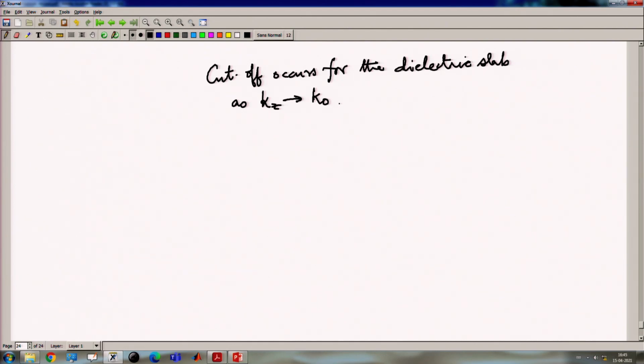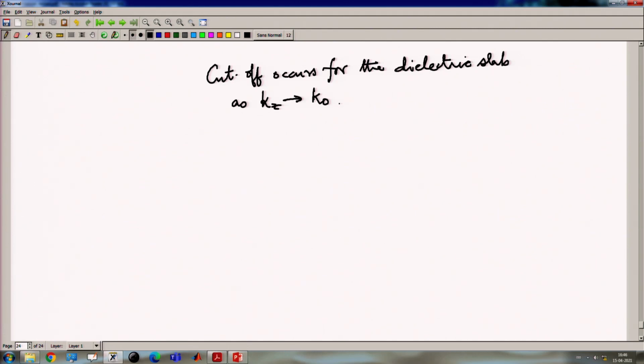So, if kz is lesser than k0, V in the air region will become complex, and therefore, we will have propagation in the air region, not evanescence, not exponentially decaying waves in the air region. We will start to have propagation in the air region, because V will turn out to be complex.